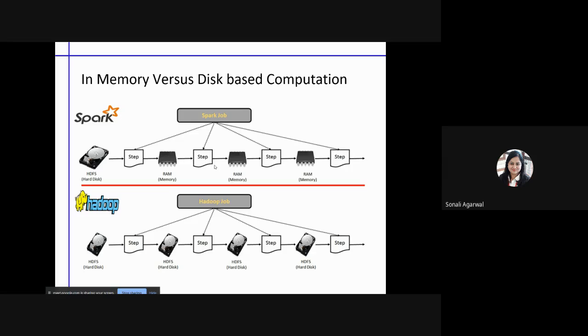So basically it does all the tasks in the random access memory, or main memory, of the system. These are the two varied ways of working with information retrieval tasks, while dealing with data which is at rest and data which is in motion.